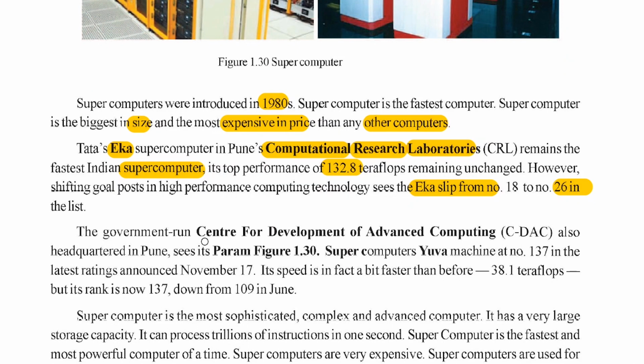The government-run C-DAC, the Centre for Development of Advanced Computing, also headquartered in Pune, makes the Param supercomputer. The Param machine is at number 137, the largest rating announced at that date. It is a bit faster than 38.1 teraflops, but its rank is 137, down from 109 to 139.